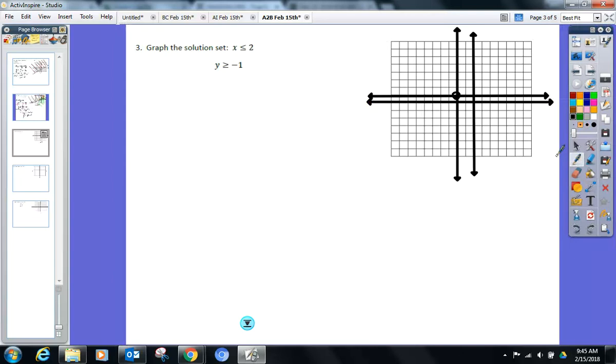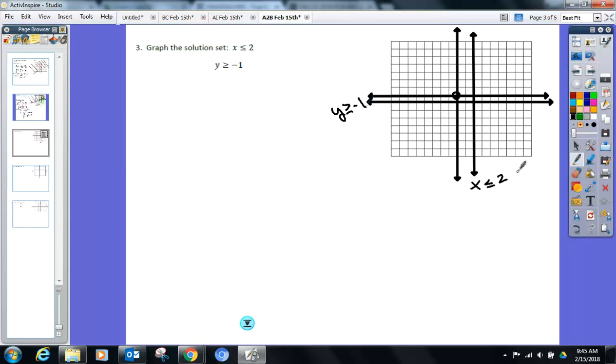Before I shade, how many lines do I have up there? 2. Label at least one of them for me. Make sure you don't label the x or y axes. x is less than or equal to 2, and this is y is greater than or equal to -1.